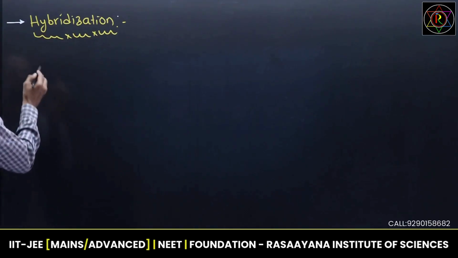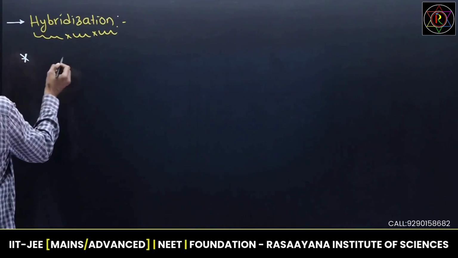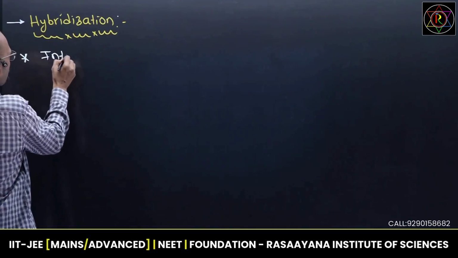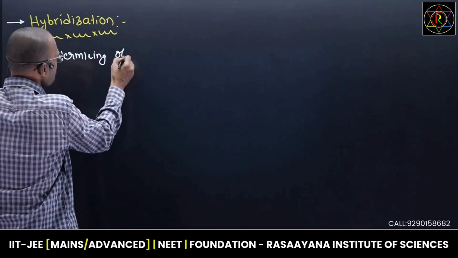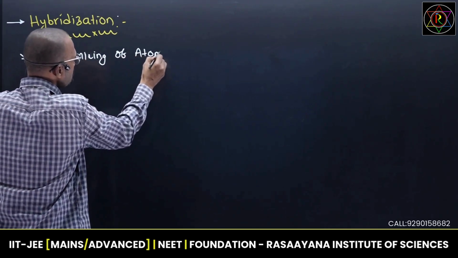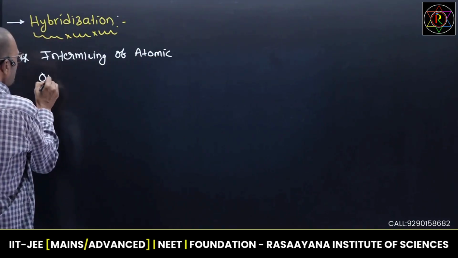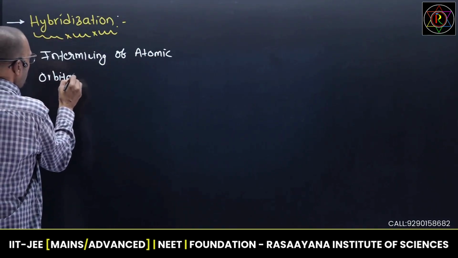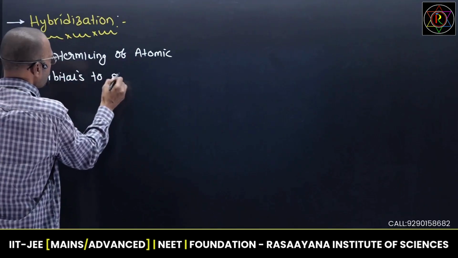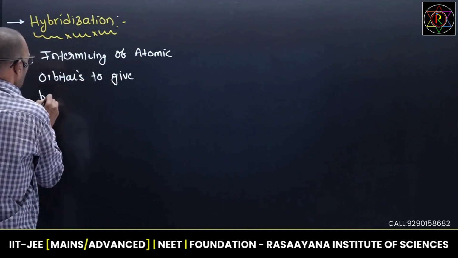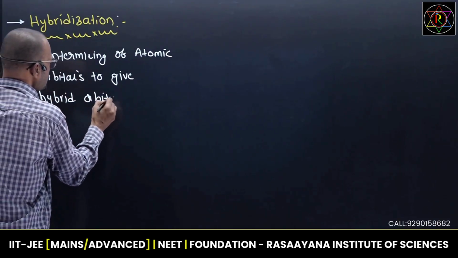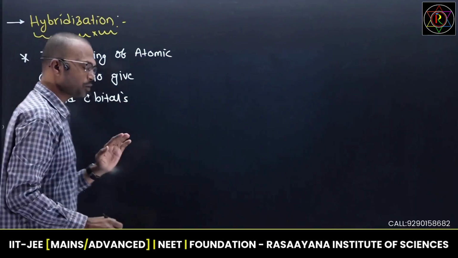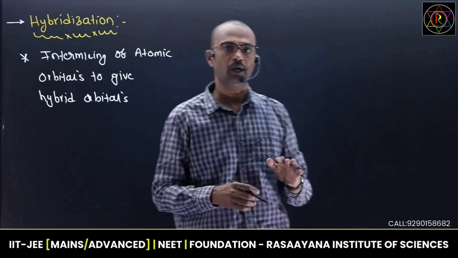Okay, let's see. So hybridization is nothing but intermixing of atomic orbitals to give hybrid orbitals. So atomic orbitals get combined together and form hybrid orbitals, that is hybridization.